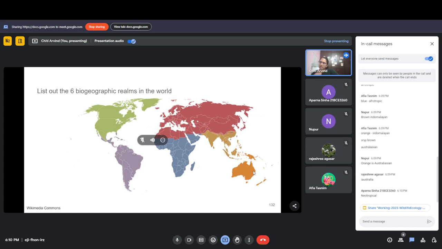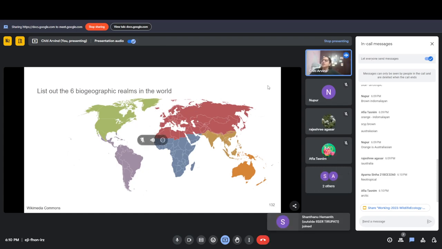And what about the green one? Okay, not Arctic, but it is Nearctic. And what about the red or the top rust colored one?